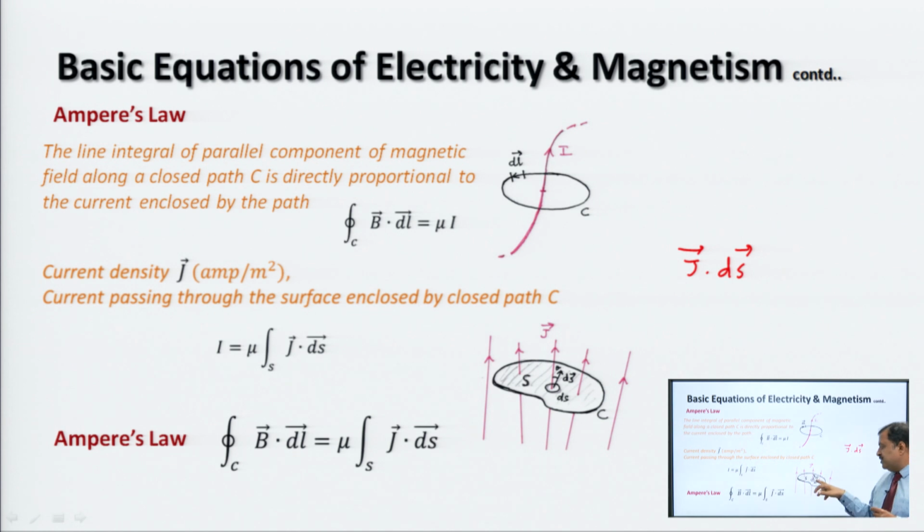Now, if I integrate J dot ds over the surface enclosed by the closed path, then I get the total current enclosed by the closed path.